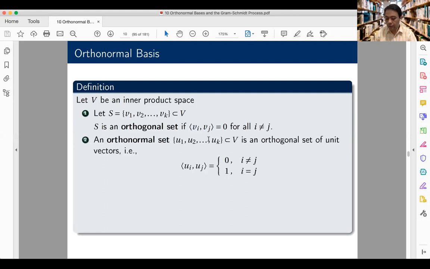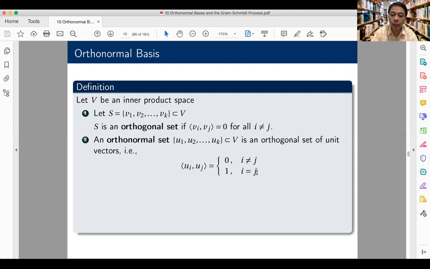Now, secondly, we have an orthonormal set U1 up to Uk if, first of all, it is an orthogonal set. So each vector there is orthogonal with the rest. And secondly, the norm of each vector is 1. And how do you compute the norm? If you remember, it is just the square root of the inner product of ui with ui.